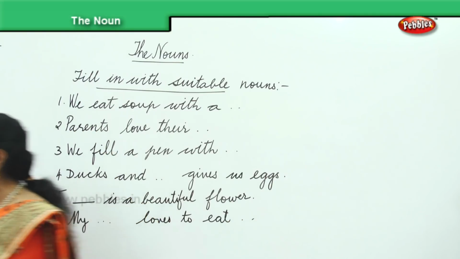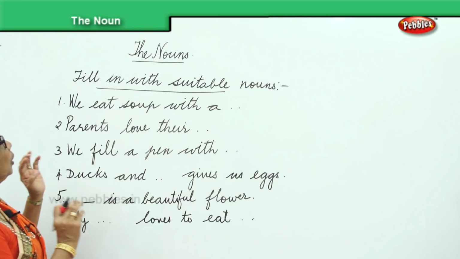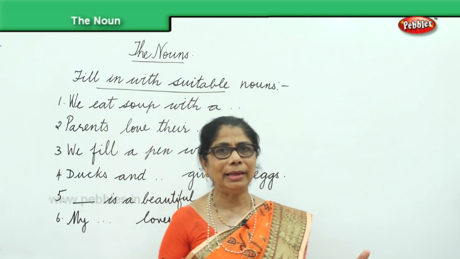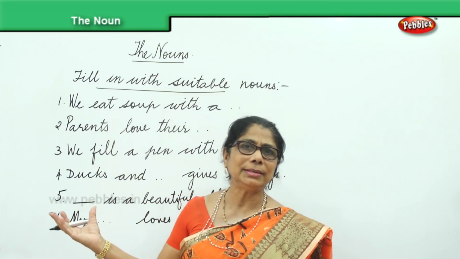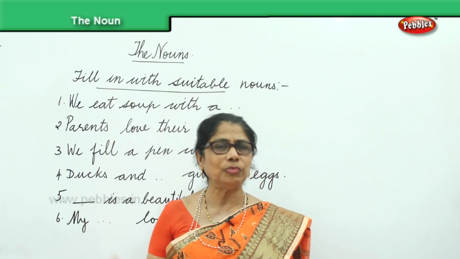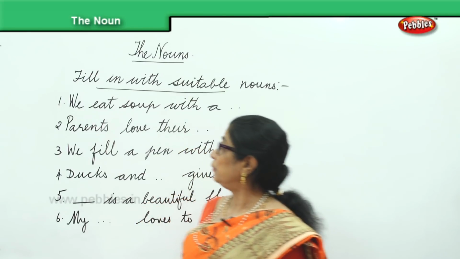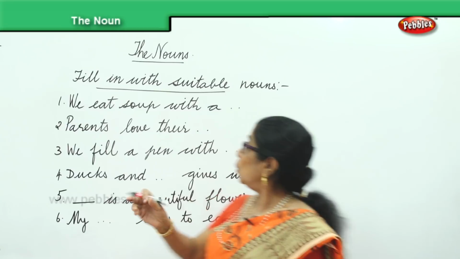Now, it's very interesting. First of all, we are going to fill in with suitable noun, any noun. After we do that, we can also circle out or underline other nouns in the sentences. Okay? The first is, we eat soup. We eat soup with what?